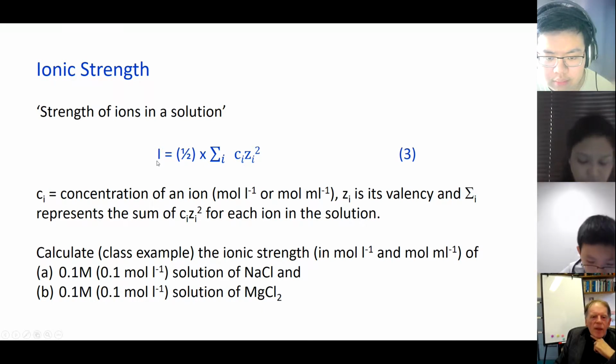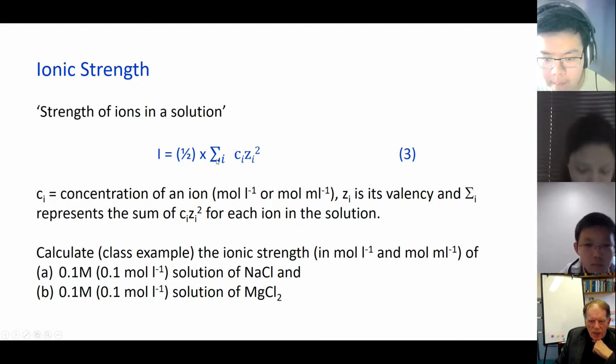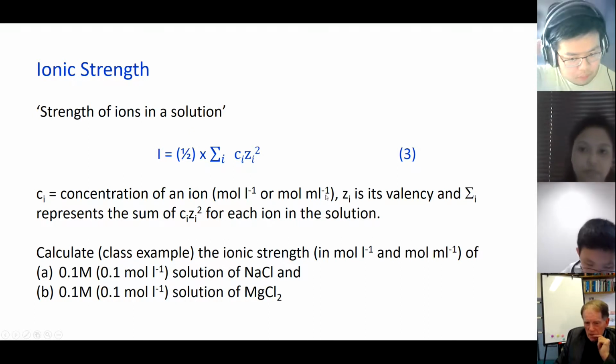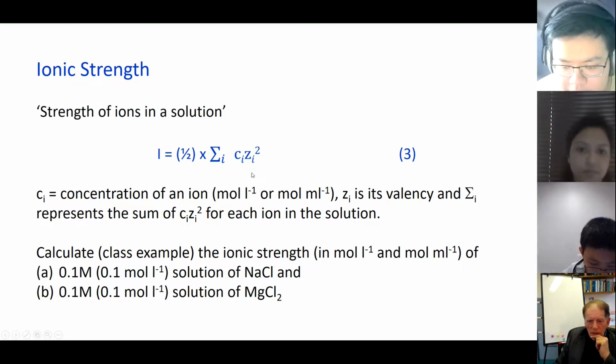And the ionic strength is defined by this formula here. So it's half times the sum of the concentration of an ion. This is the molar concentration in moles per liter or moles per mil, whatever, as long as you're consistent with the unit you use. So it's the concentration of an ion times the square of the valency of that ion.